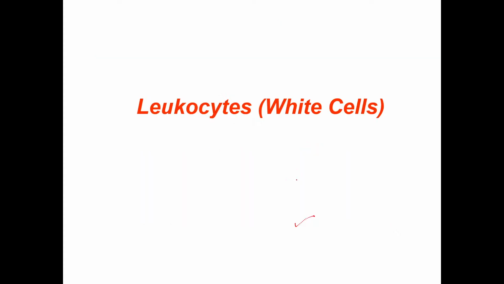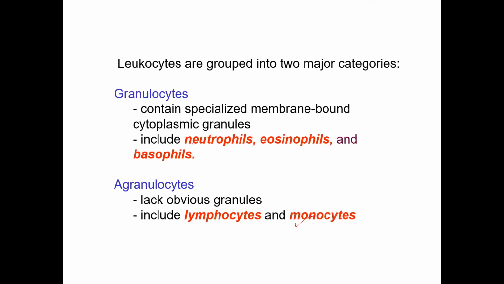The second kind of blood cells we have are called the leukocytes or white cells. The leukocytes or the white cells are of two main categories. One is called granulocytes, and the second category is referred to as agranulocytes.